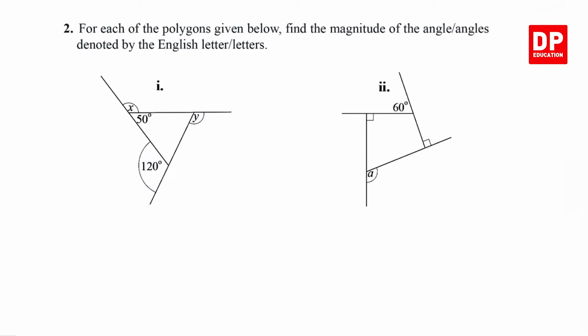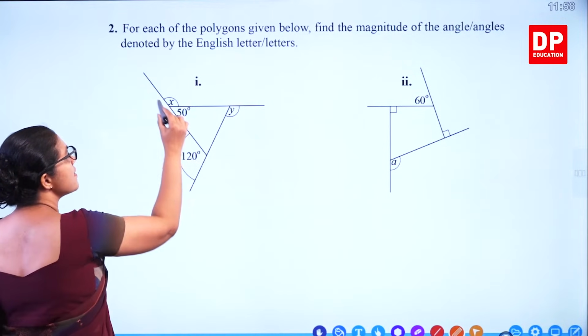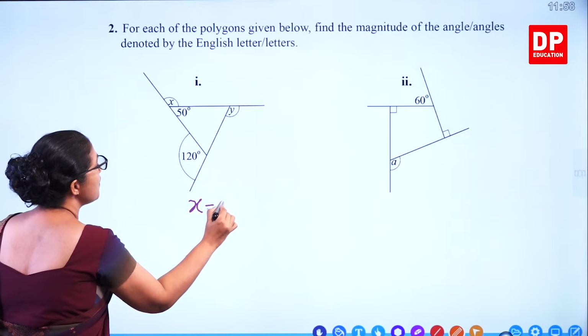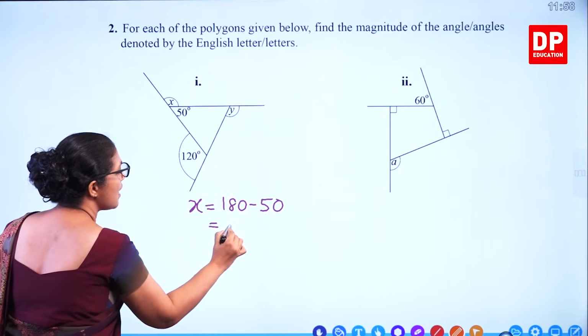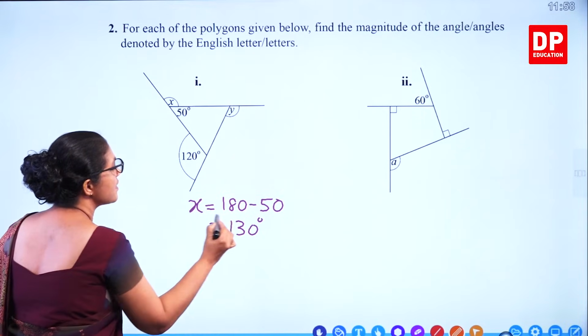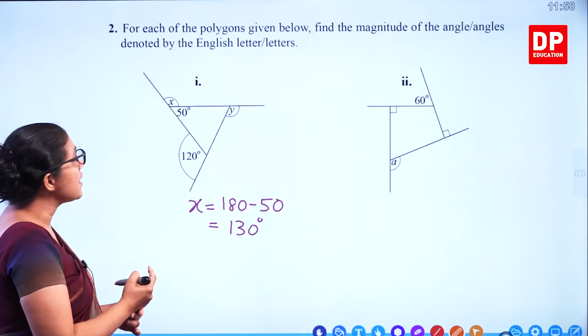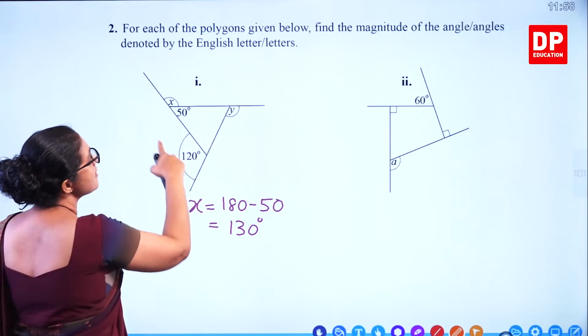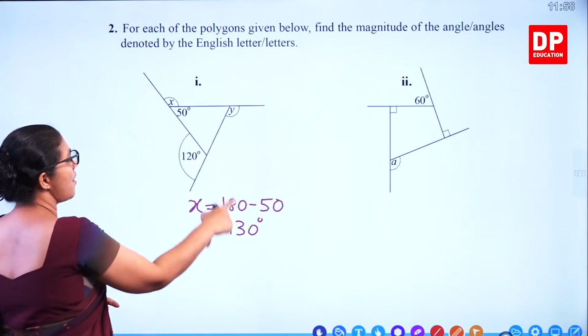For each of the polygons given below, find the magnitude of the angle or angles denoted by the English letter. So x. How do you find x? This is a straight angle. Straight away you can subtract 50 from that. So you get 130 degrees. What about y? Now you can find it using the sum of exterior angles. So x is 130.